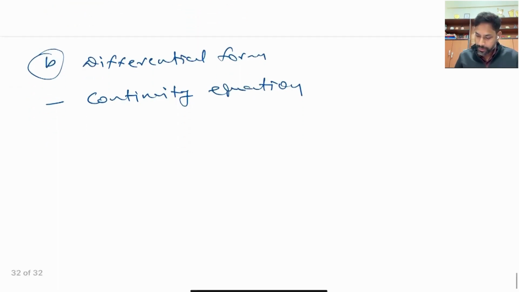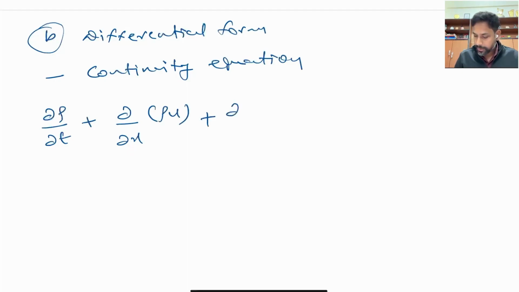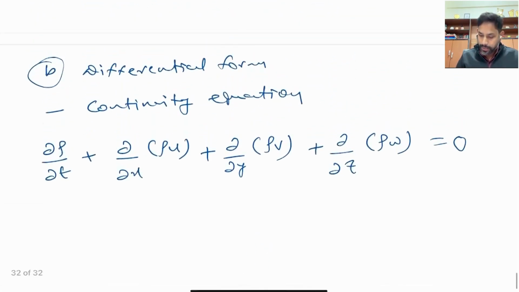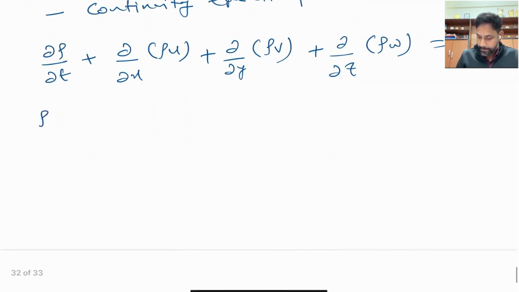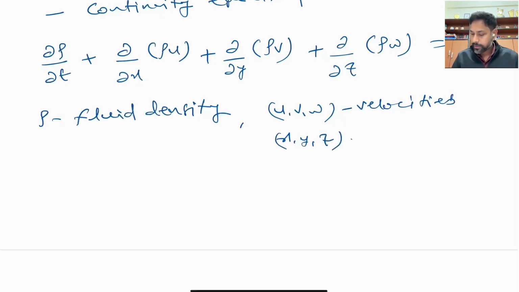So the continuity equation for mass conservation is written as d rho by dt plus d by dx of rho u plus d by dy of rho v plus d by dz of rho w is equal to 0, where rho is the fluid density, and once again u, v, w are the velocities and x, y, z are the coordinate system.